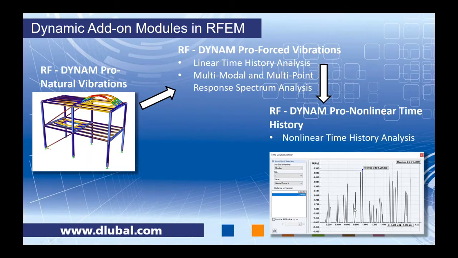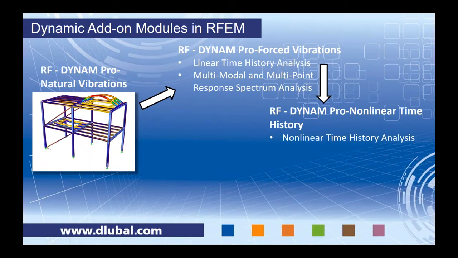We only see tension forces within that member. What happens is when we have any type of compression within the member, it completely fails. And yet when we reintroduce tension forces within the same member, the member is reactivated, and so on throughout the entire course of the time analysis.